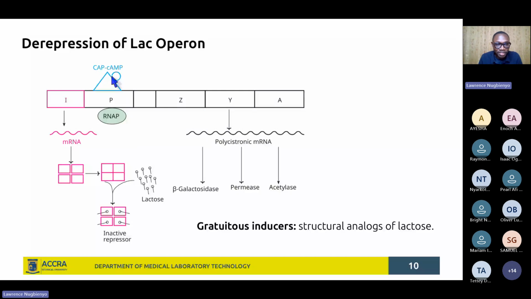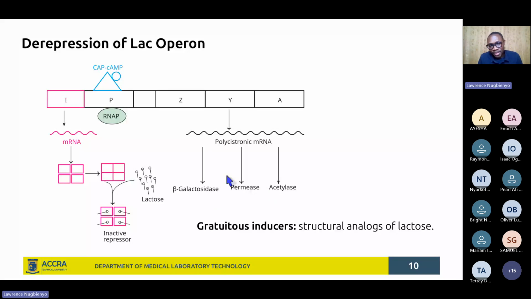So once you have this RNA polymerase and this energy complex bound to the promoter region, you can have now the process of transcription, and that produces the polycistronic messenger RNA, which then will undergo the process of translation to produce the proteins: galactosidase, permease, and acetylase.